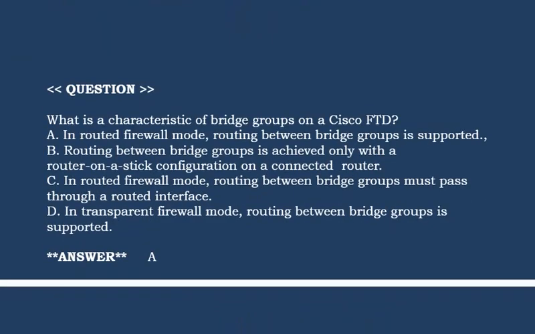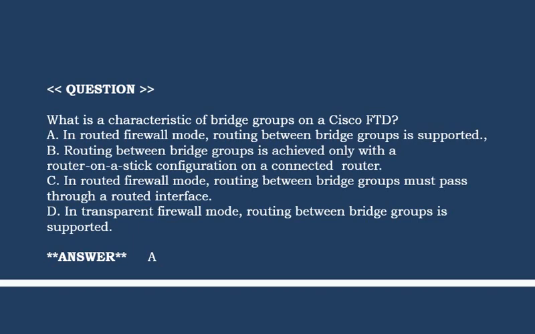Next question is, what is a characteristic of bridge groups on a Cisco FTD? Option A. In routed firewall mode, routing between bridge groups is supported. Option B. Routing between bridge groups is achieved only with a router on a stick configuration on a connected router.